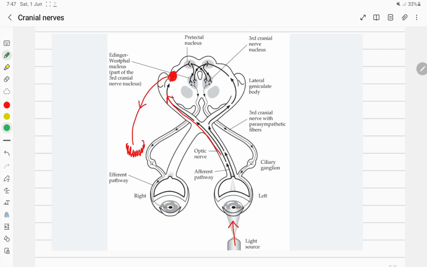Then from the frontal eye field, cortical fibers originate and go towards the Edinger-Westphal nuclei of both sides. These are the Edinger-Westphal nuclei of the oculomotor nerve. So the fibers go to the Edinger-Westphal nucleus from the frontal eye field.